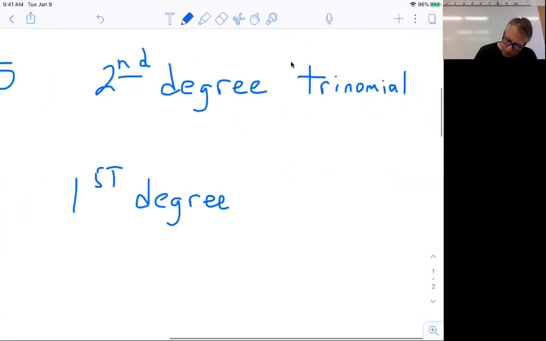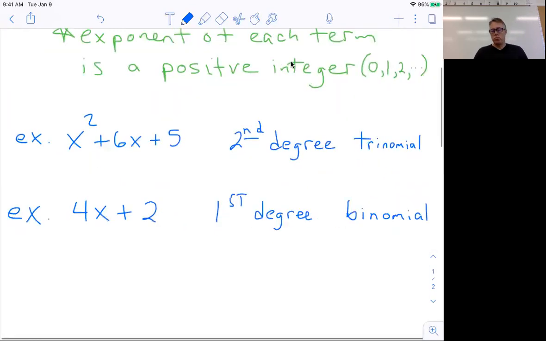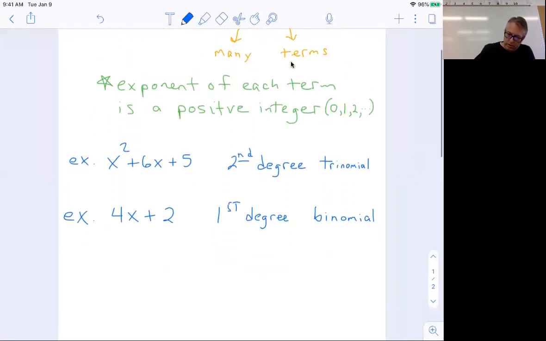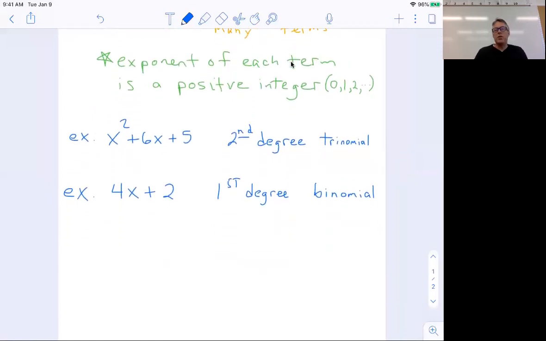And binomial, bi means two, nomial means terms. So it has two terms. If something has two terms, it's a binomial. If it has three terms, it's a trinomial. Once we get above three, we typically just say a polynomial.